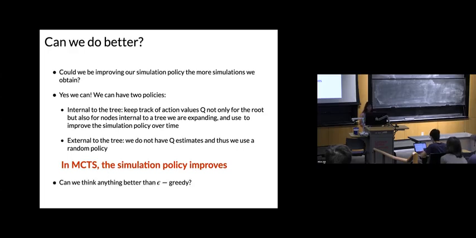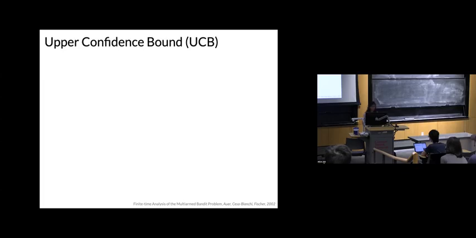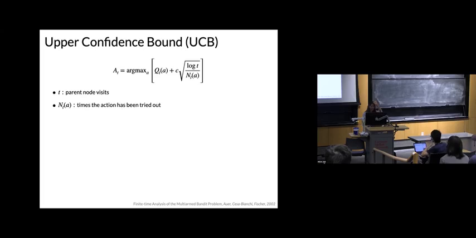So we're not going to do epsilon greedy. We're going to use UCB, exactly what your colleague suggested earlier. Just to remind you, in UCB for every action, we had the capital Q estimate of its value, as well as an upper confidence bound, which is what comes after the small c. And T is how many times I have visited the parent node, and N_T(A) is how many times I visited this particular action.